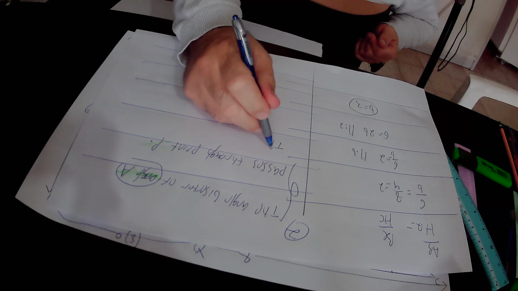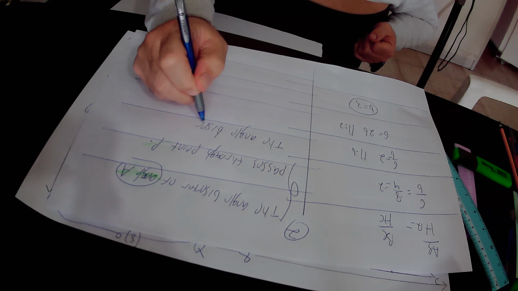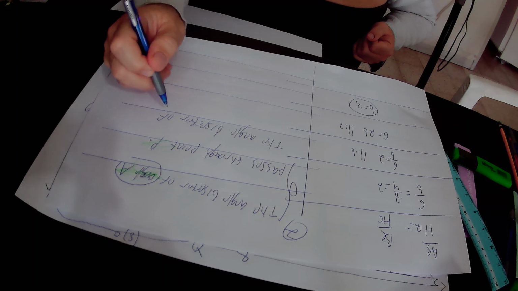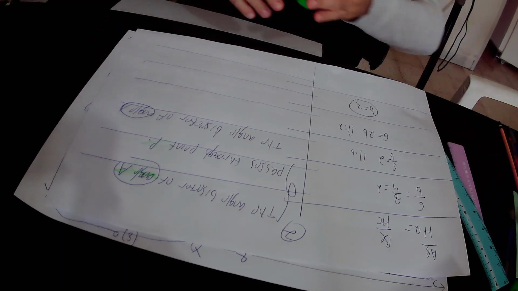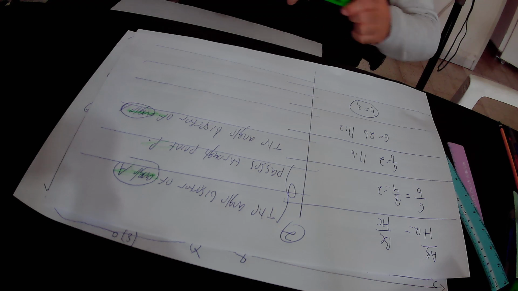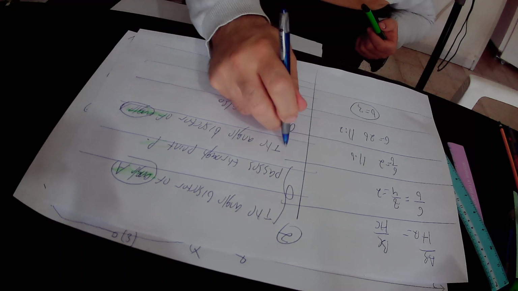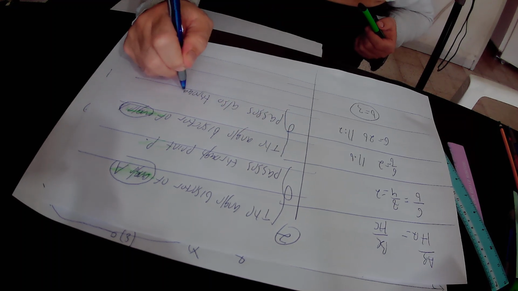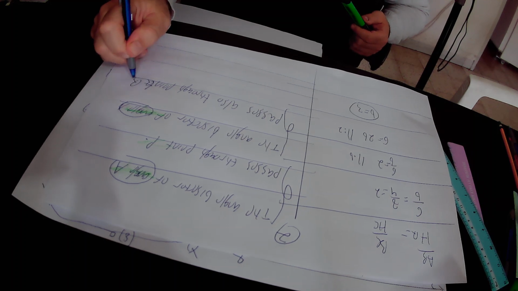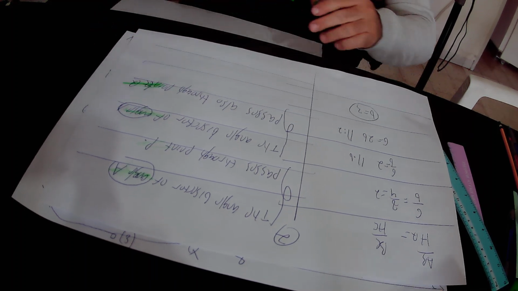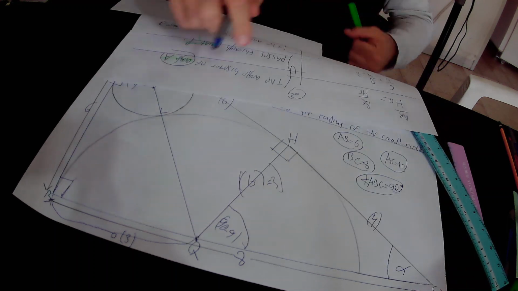The angle bisector of angle A passes also through point Q, that is the center of this big semicircle.